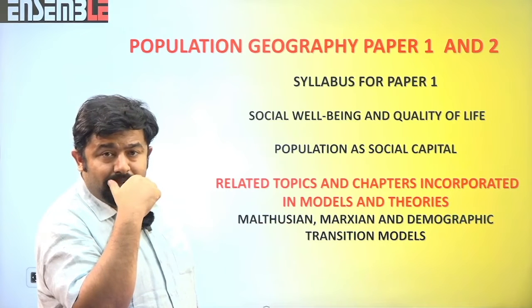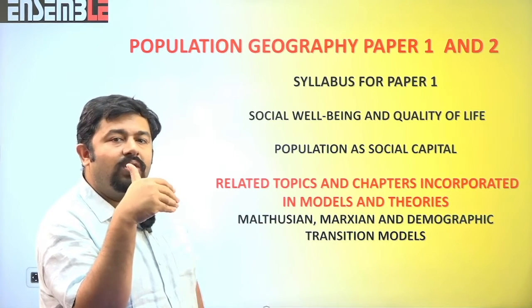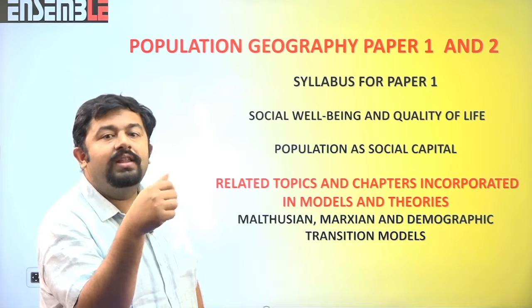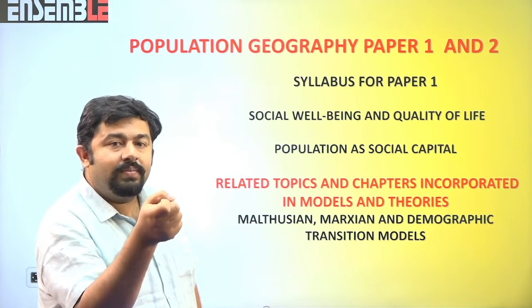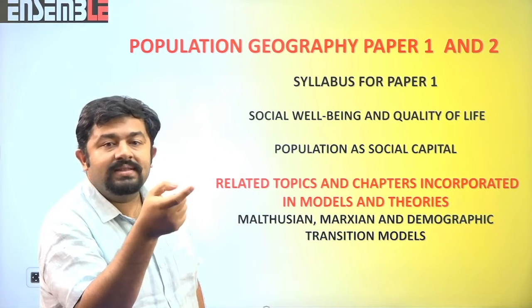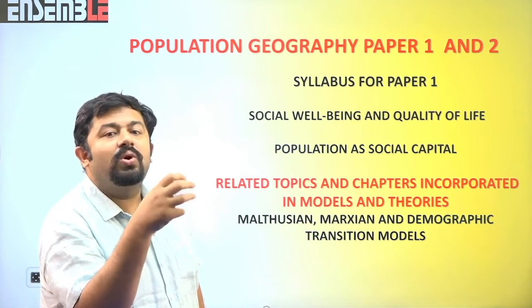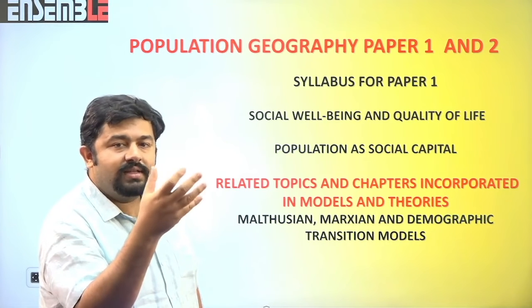Questions are now asked not on theory directly, but on the applicability of theory. How is this theory applicable in a certain region? What are the drawbacks? Why is this theory not applicable universally? Questions are asked in such a manner today.